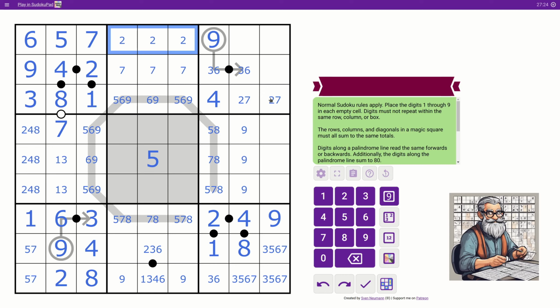What else can we tell about that? There's a 4 as well here. Okay. That's still not very useful, is it? Still not very useful.